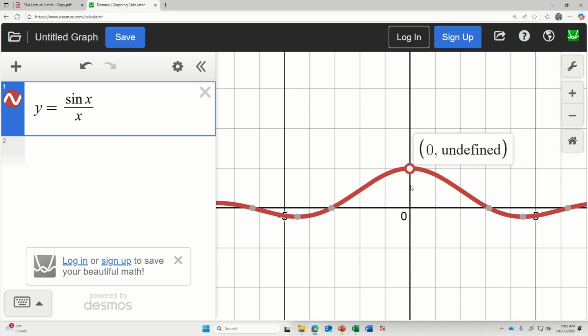It just has a little hole there, right? But if a discontinuity is easily removed, that makes it a removable discontinuity, we could just say the value of this function is 1, right? You just say at x equals 0, this function has a value of 1.